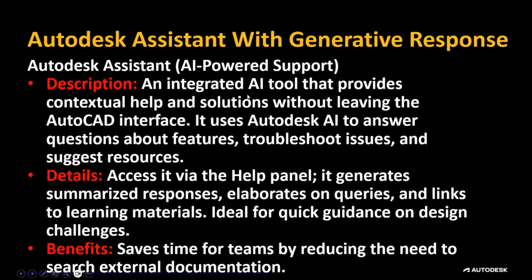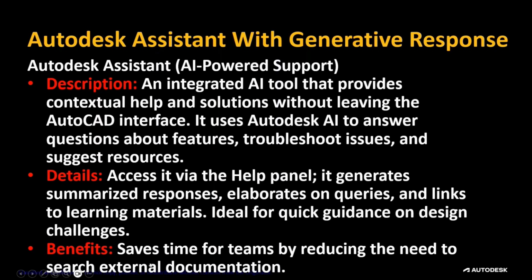It is an integrated AI tool that provides contextual help and solutions without leaving the AutoCAD interface. It uses AutoCAD AI to answer questions about features, troubleshoot issues, and suggest resources, accessed via the help panel. It generates summarized responses, elaborates on queries, and links to learning material, ideal for quick guidance on design challenges.